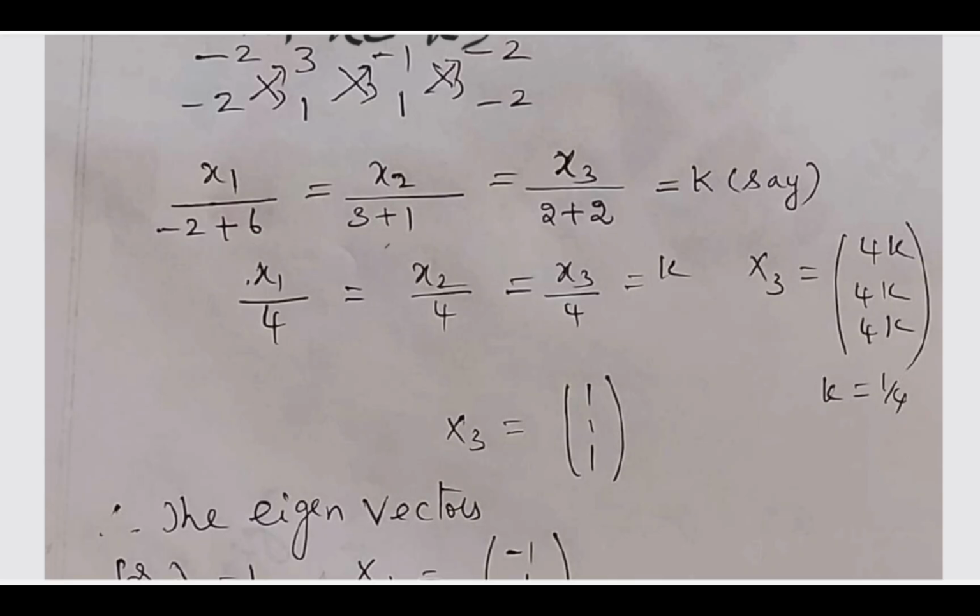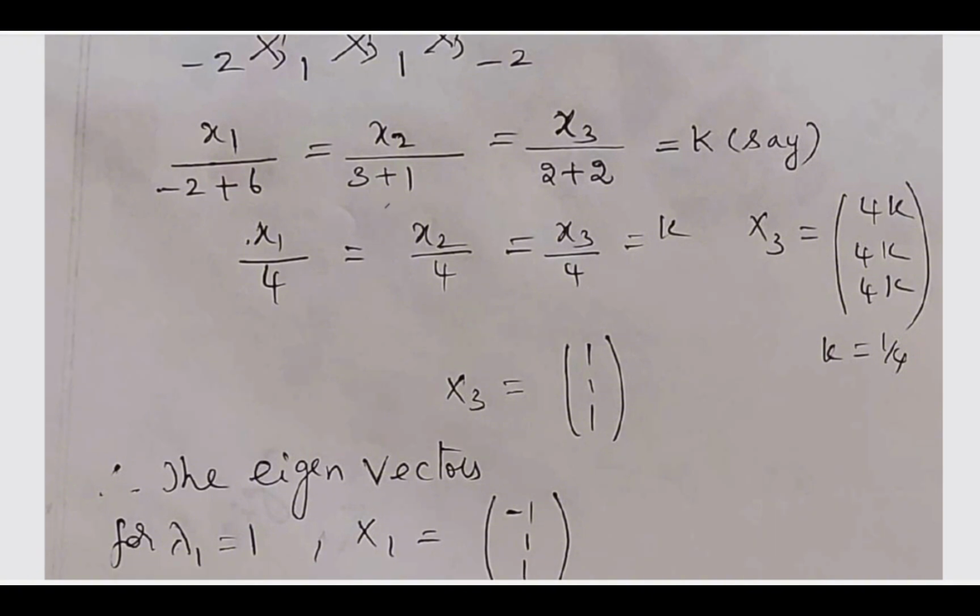Therefore your x3 is equal to 4k, 4k and 4k. Because all three are divisible by the same number, I am going to give the arbitrary value of k equal to 1 by 4. So 4 into 1 by 4 gives you 1. All the vector elements are same, so you got x3 is equal to 1, 1, 1.